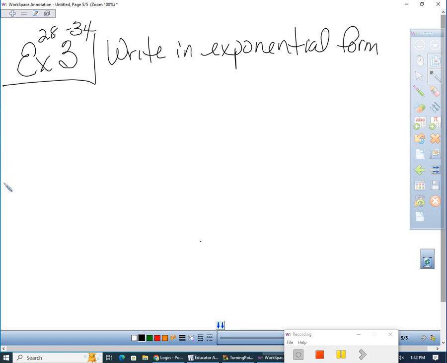So maybe you are given the square root of 13. How would I write that in exponential form? 13 to the 1/2. 13 to the 1st power inside a square root.